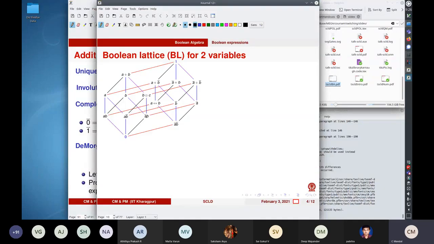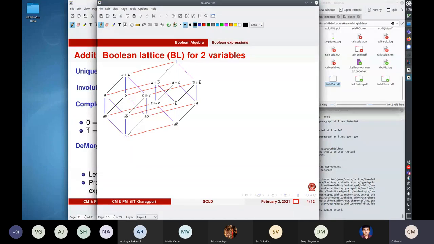And using these atoms, you can express all the other elements in this lattice. And as you can see, these elements essentially correspond to the various Boolean functions. So if you consider all the possible Boolean functions, those are present in this lattice.